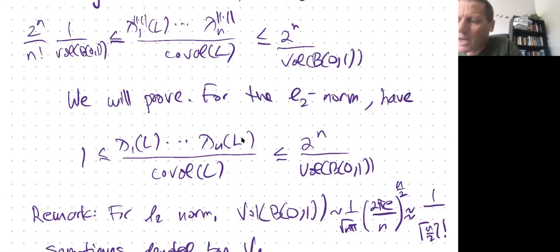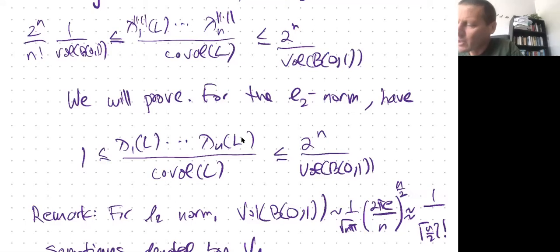We get some quantity which behaves like the product of n times n minus 1, dot dot dot, up to n over 2, which beats 2 to the n by a large margin. So this is going to 0 very rapidly with n. And so if we prove this bound, we'll be proving a stronger statement for the Euclidean norm.